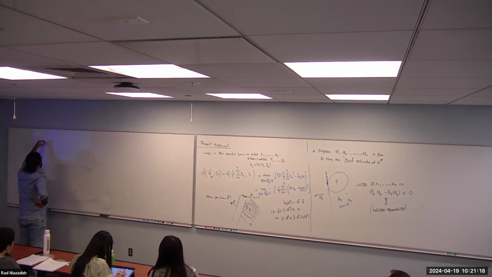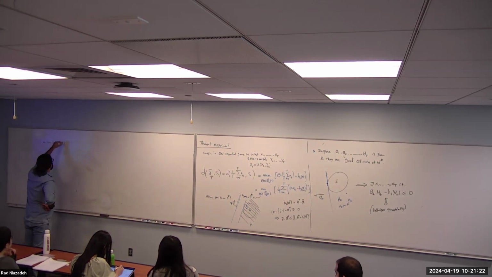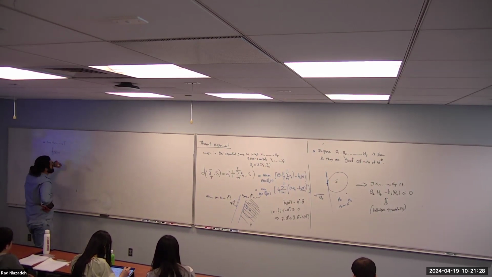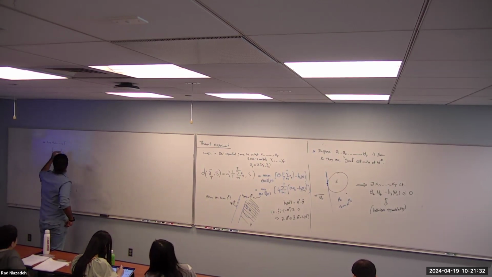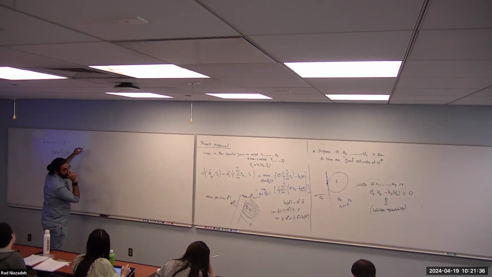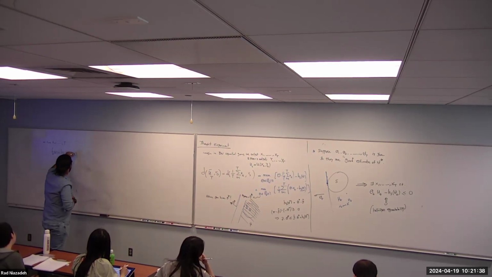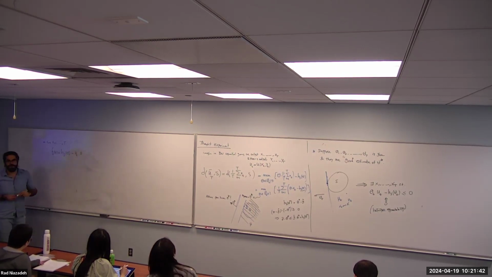At time t, for t in 1 to capital T, define ft of theta to be hs of theta minus theta dot ut.